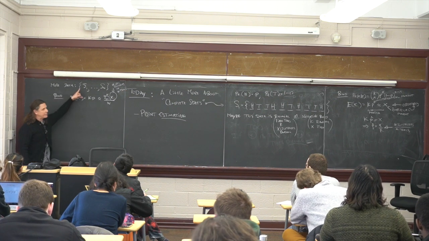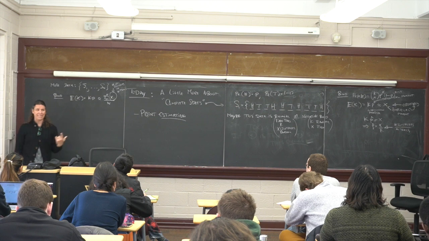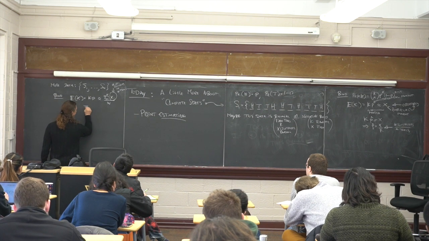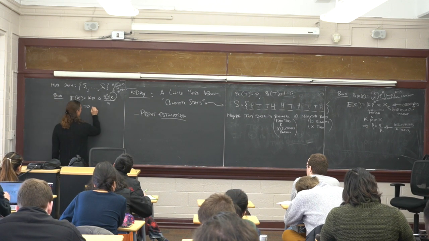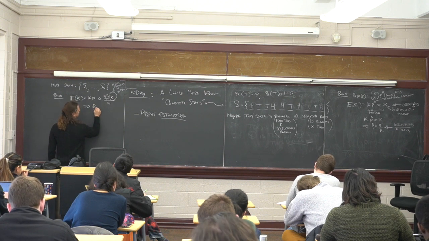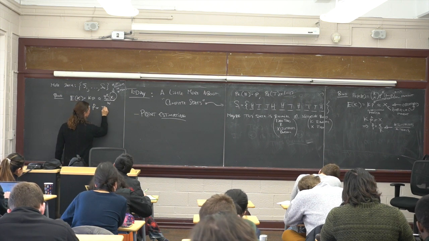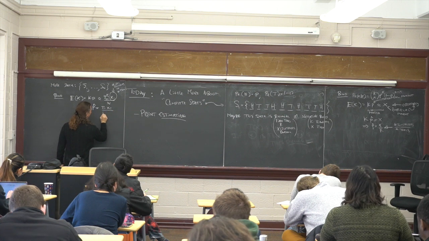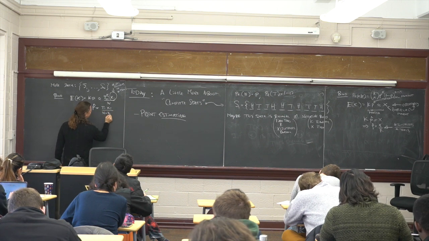So I'm just getting these different vectors of these things and I'm repeating it n times. So what do we get through matching everything? We get p hat is equal to the sum of the xi's divided by n times k.